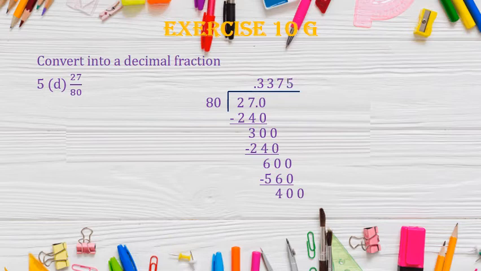So now 80 5s are 400. So in the quotient we will write 5 after 7 and 400 minus 400 is equal to 0. So now children, our quotient is 0.3375. Therefore, we can say that 27 upon 80 is equal to 0.3375.